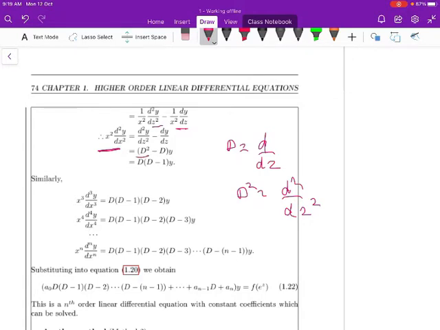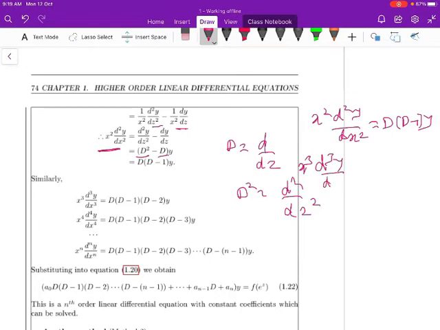So y is anyway common here. D square minus D, that is capital D into y common written. So D is common, take it outside, D into D minus 1. Therefore, you can observe that x square into d square y by dx square can be written simply as D into D minus 1 into y.